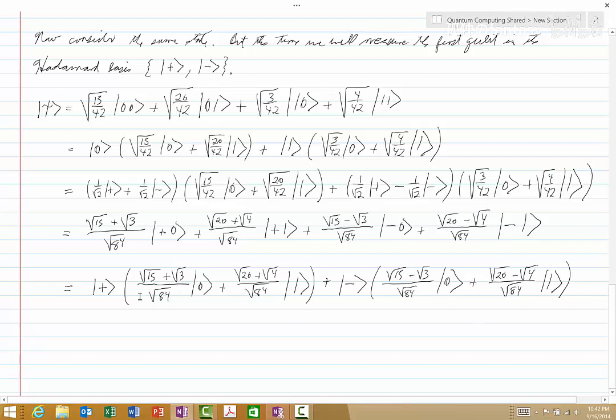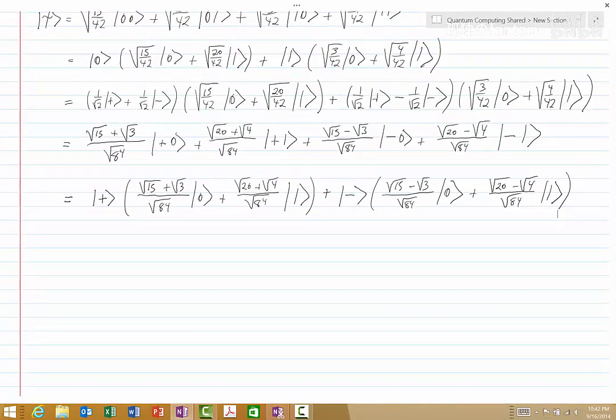So the question is, ultimately, are we going to have the same conclusion as before, that the measurement of the first qubit does not affect the measurement of the second qubit, or will it be different now that we're measuring the first qubit in the Hadamard basis? Well, I'll leave you in suspense for a moment. I hope you will really think about that, and then make a decision. But for now, let's see how this would proceed.